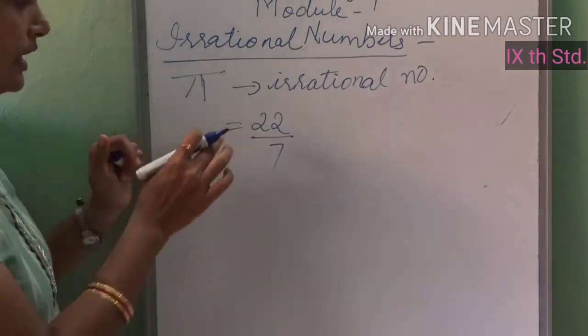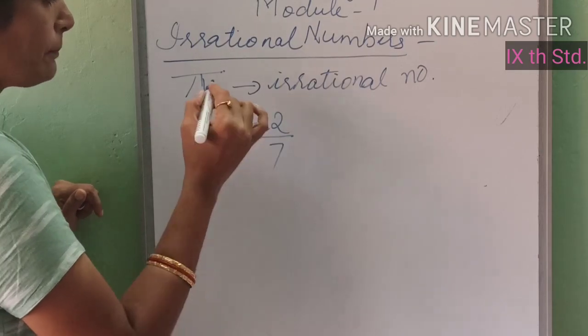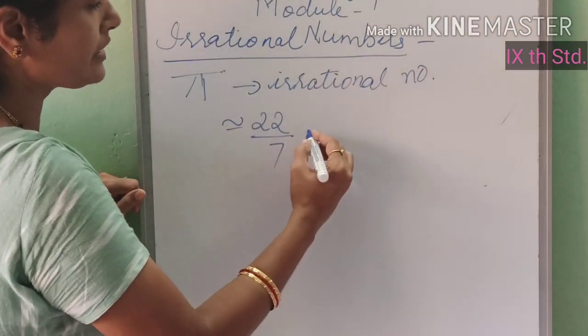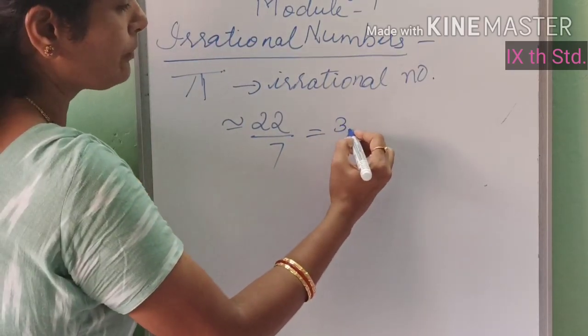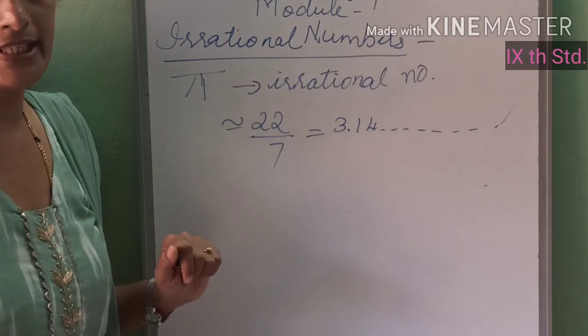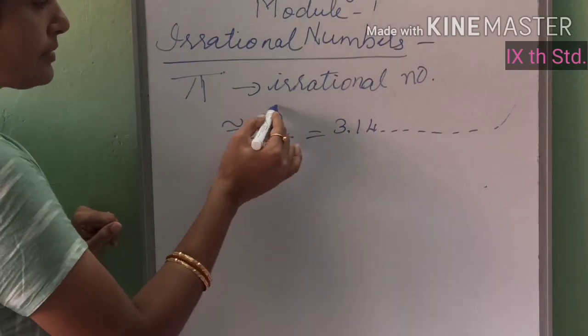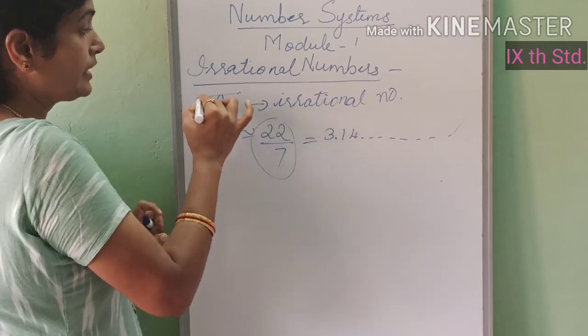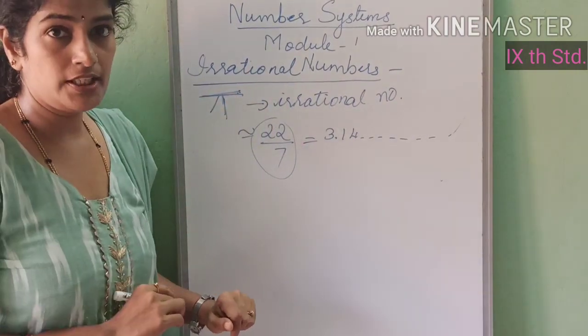It is not equal to 22 by 7, it is approximately equal to 22 by 7. If you take the decimal representation of 3.14, it goes on, the number will be endless. So we always keep it in mind, pi is an irrational number.